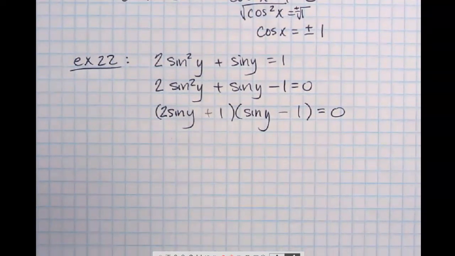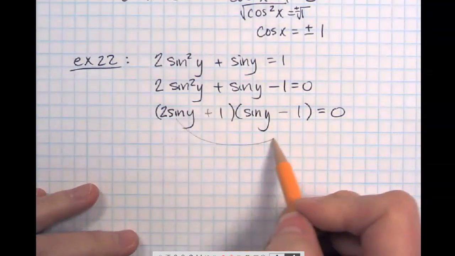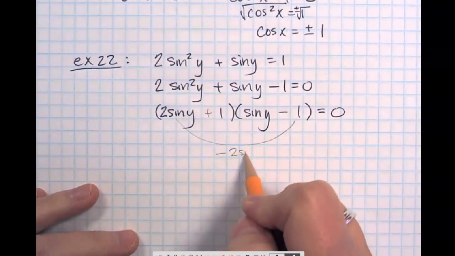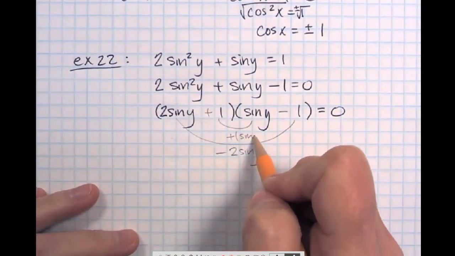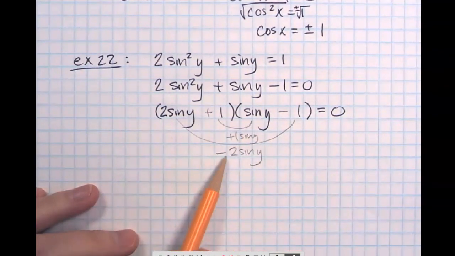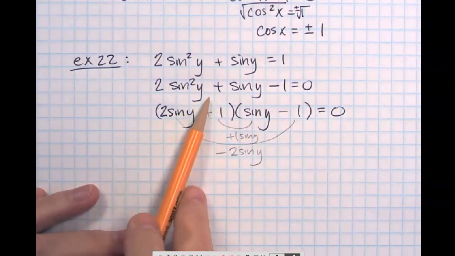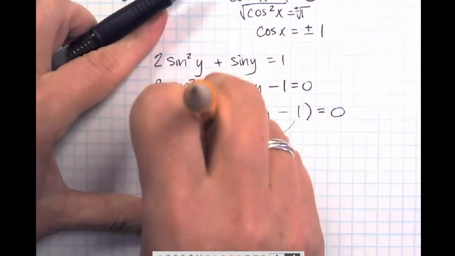Does it work? Because when I distribute, when I FOIL, that's negative 2 sine, and that's positive 1 sine. So what do I get in the middle? Negative 1. Okay, so it does matter.